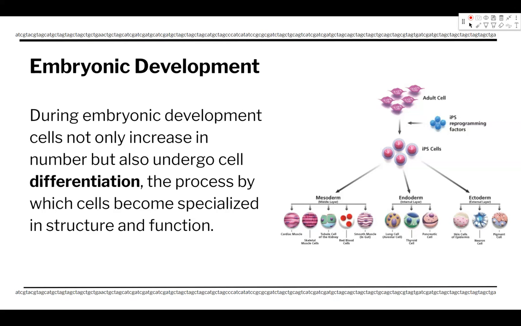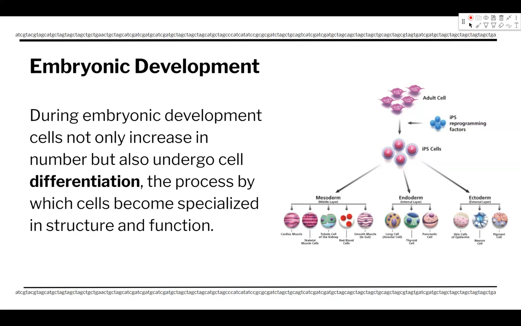There it is. So I like this diagram right here. We don't have the opportunity to go too deep into embryonic development, but essentially, when an embryo is forming, we can divide cells into three layers: the mesoderm, the endoderm, and the ectoderm. Making sure we have those three layers is super important.